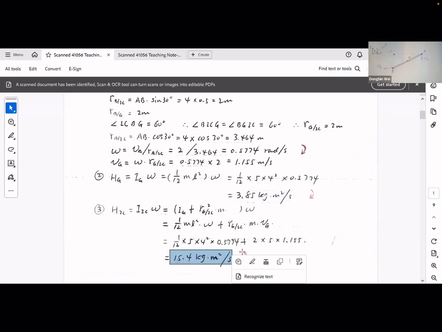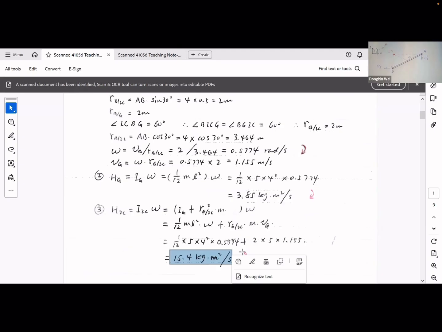This is different from the calculation for kinetic energy of a rigid body we studied last week. For the kinetic energy of a rigid body, it doesn't matter what point you select for your calculation.